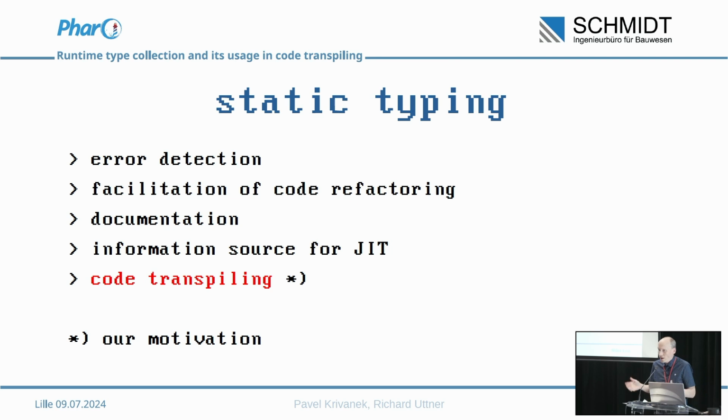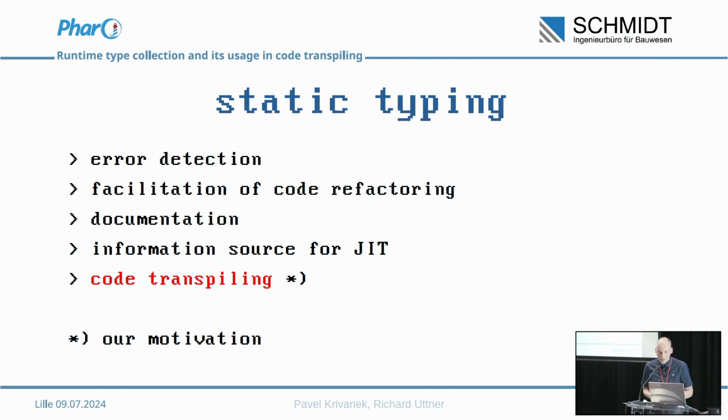So we all like strong dynamic typing, but static typing also has some advantages. It's often used for error detection, at least for some kinds of errors. It is useful for refactorings because you have more information about the actual types used in the code.